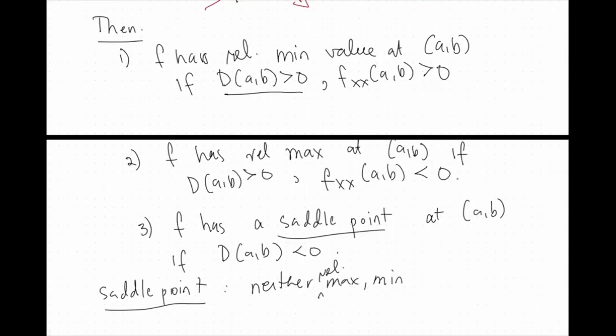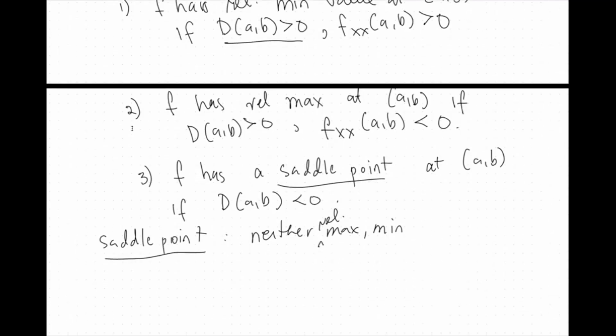Let me state what a saddle point is. It's a critical point of a function where the first partial derivatives are 0, and it's not a local or relative maximum or relative minimum.